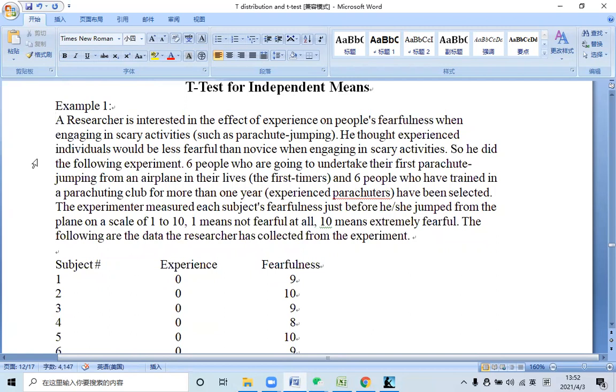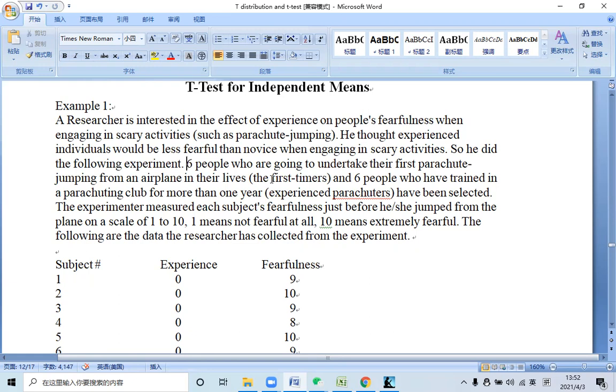He thought that experienced people would be less fearful than novice, inexperienced people when they engage in scary activities.